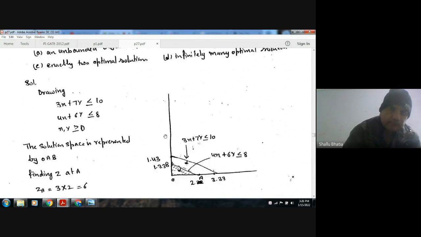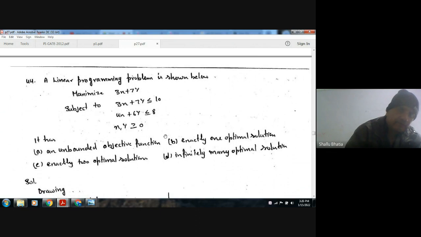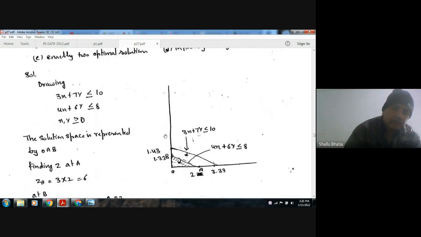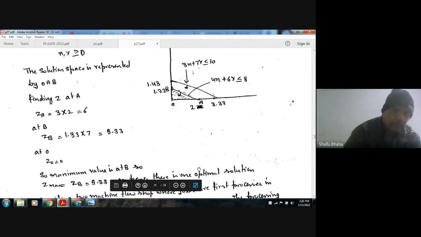To find the maximum value of 3x plus 7y, we will find the value at each corner.